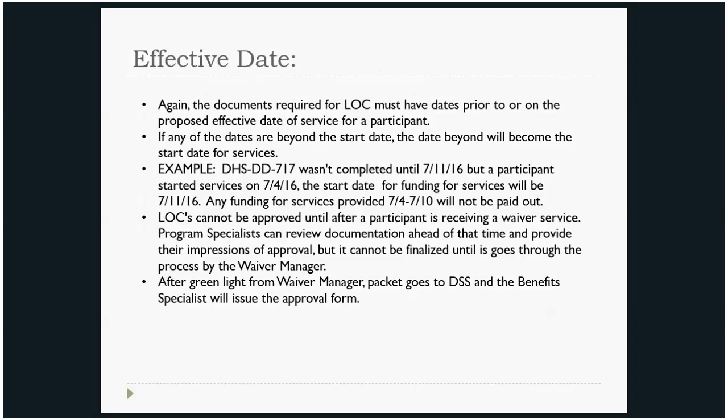There was one component of the webinar that I just realized I did not include in here. When you're making your application to DSS for Medicaid, I think it's a 265, I'm just writing a note down here to include that information. When that form is submitted to DSS, it starts a 45-day window of time.